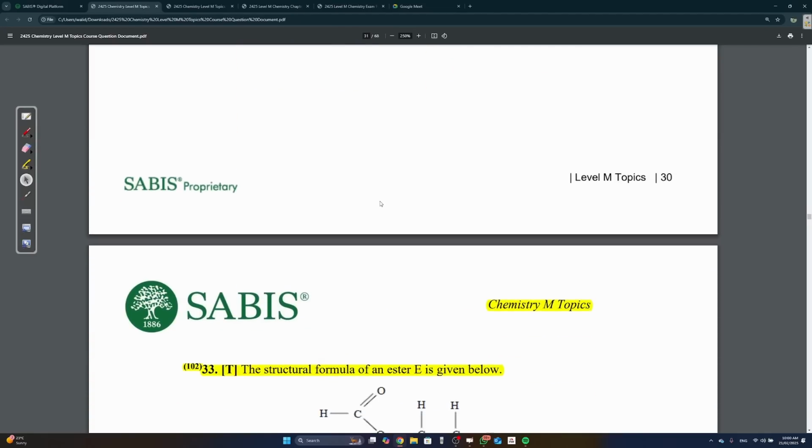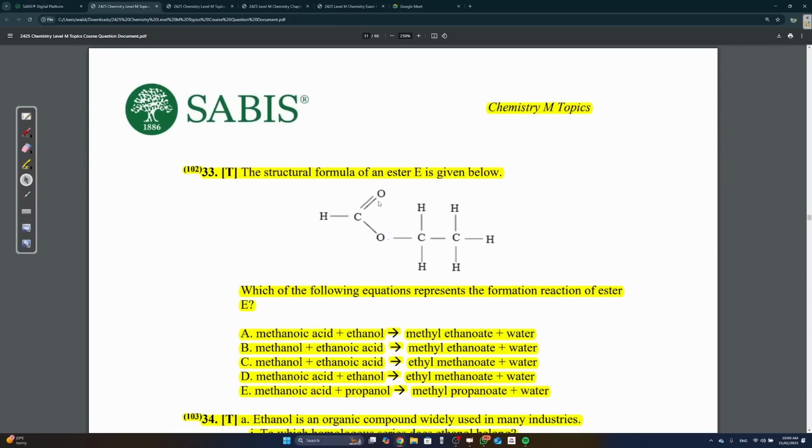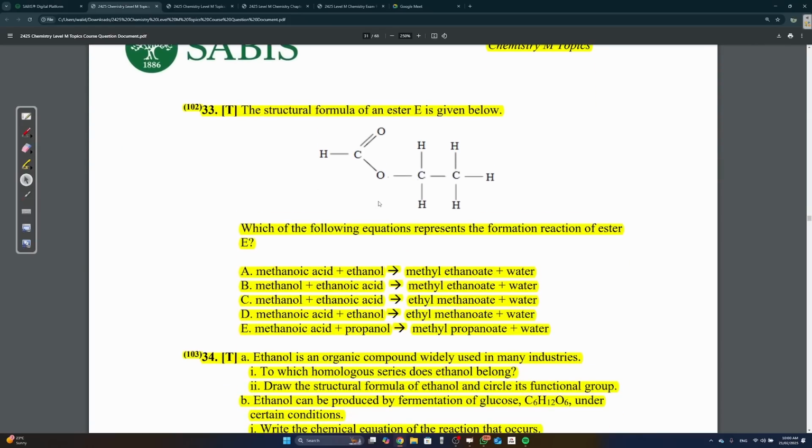Okay, the structural formula of an ester is given below. Which of the following represents the formation reaction of ester E? Let's take a look. This is ester E. What's happening here? Ester, you guys know, is a carboxylic acid plus an alcohol, right?